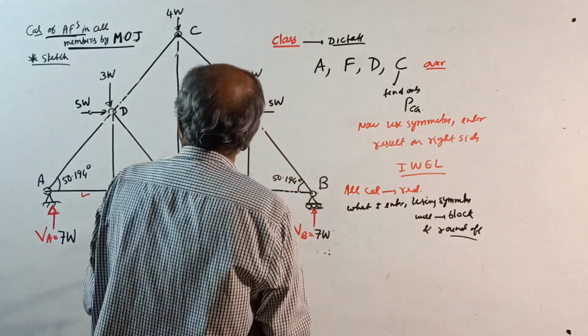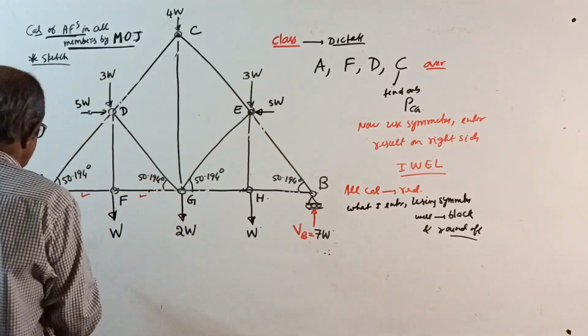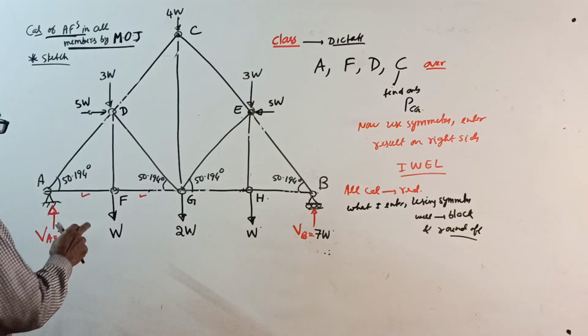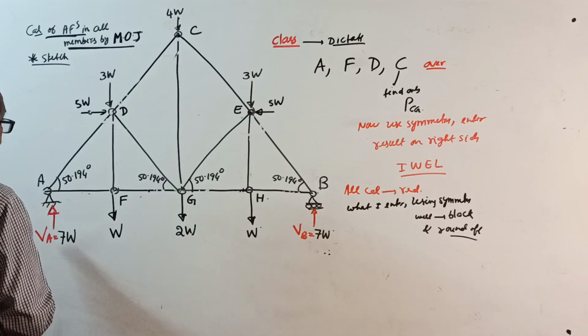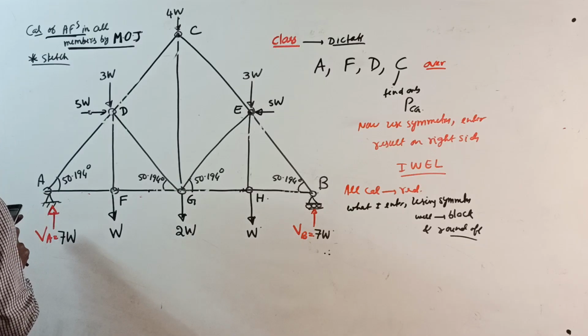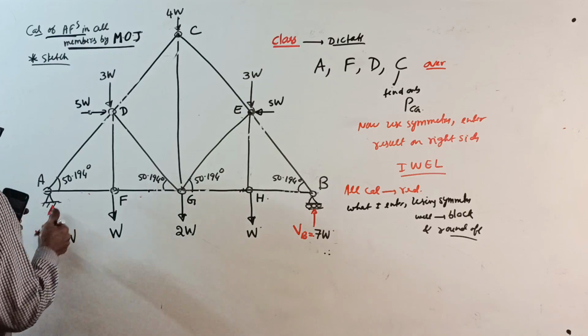Okay. Now first red color. Start from A. See, I won't explain anything. I simply solve and get the answer. 50.194. 9.112W.